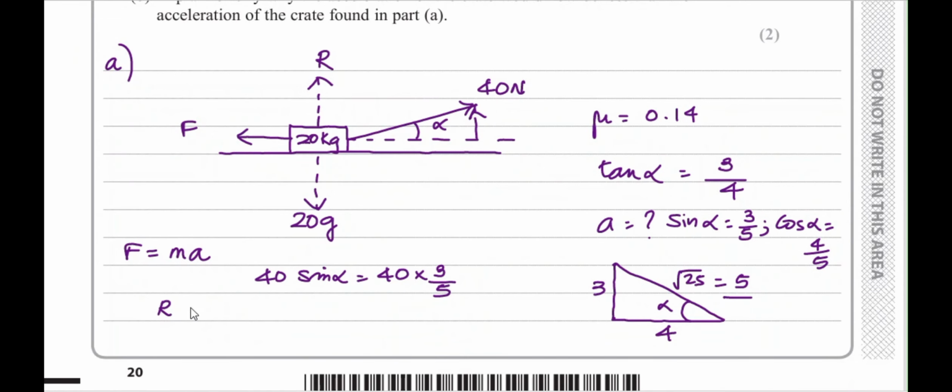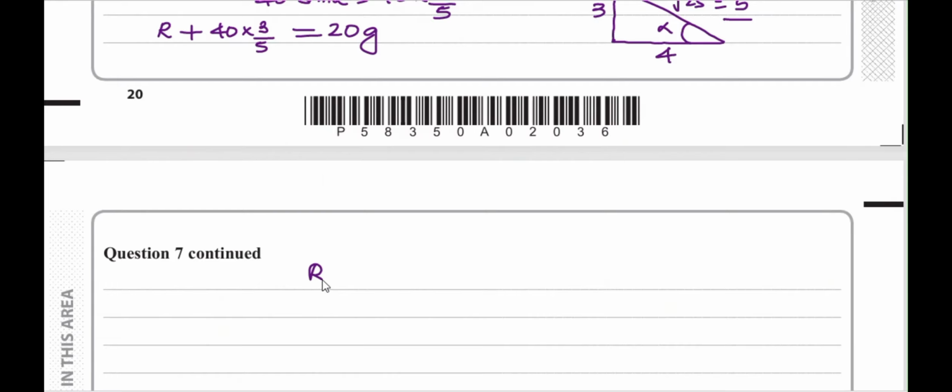Therefore, R plus 40 times 3/5 equals 20g. Hence, R equals 20g minus, this is 8 times 3, 24. That gives us 172 newtons.